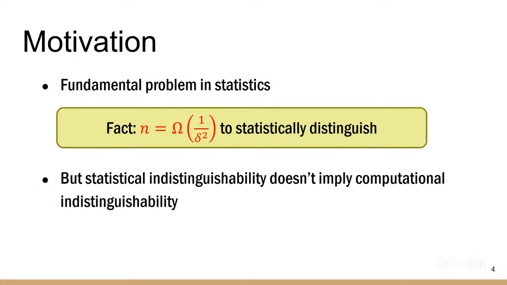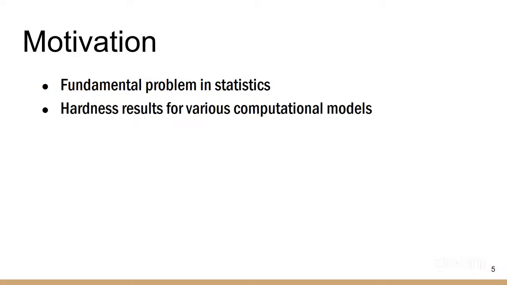Okay. But statistical indistinguishability does not imply computational indistinguishability. If it is possible to distinguish, that does not mean that with the computational resources that we have, we can distinguish them. Because of this, there has been a lot of work in computational complexity theory to understand the hardness of the coin problem for various computation models.